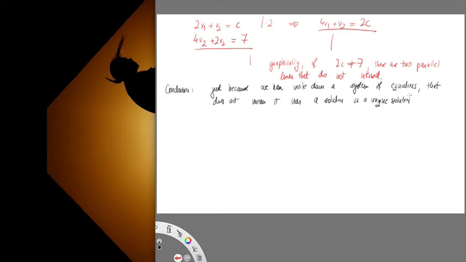And that is important because, quite frankly, as an engineer, most of your concern will be putting together physical laws and coming up with systems of equations, and then letting software find a solution. But you do want to make certain that whatever you come up with has a solution.